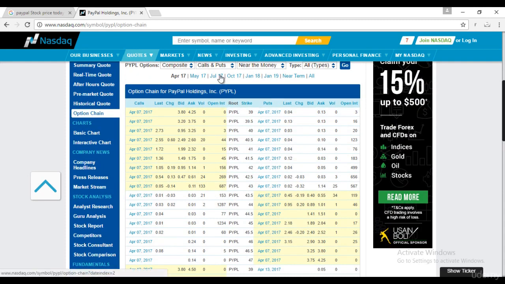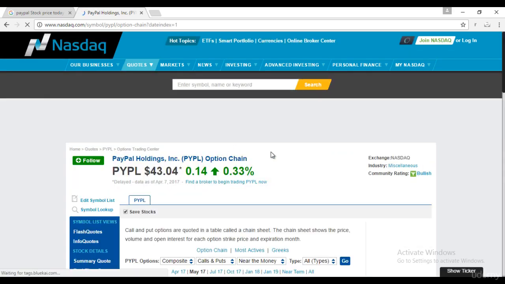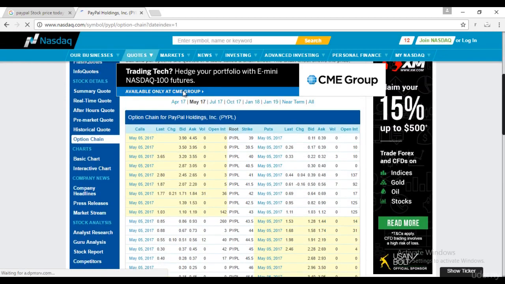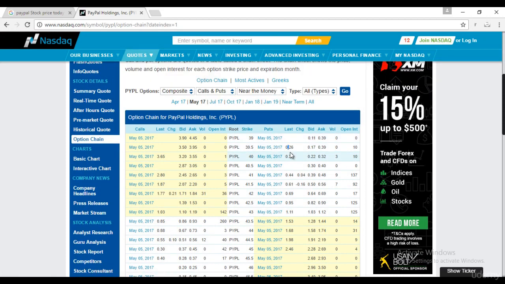some other stock. However, I need to show you one more thing. Now let us look at this contract, May 17th, right? And if you look at it, if you trade a May 5th contract, you're making 26 cents. Now, right here, May 5th contract at today's price of 44.50.